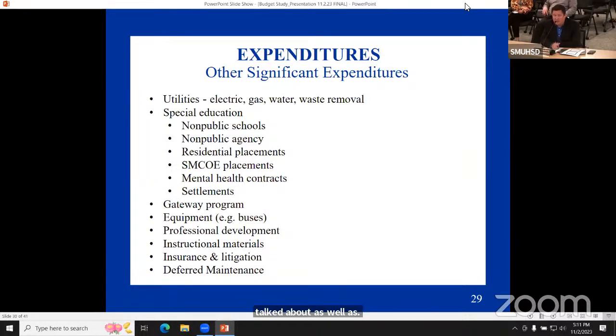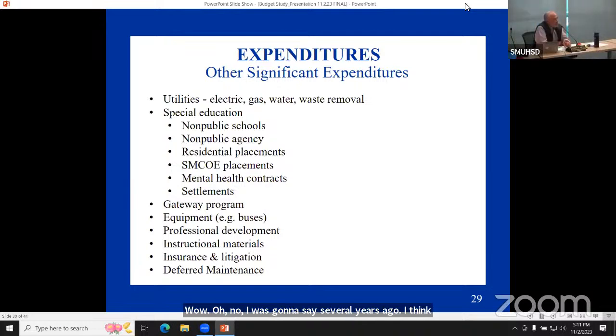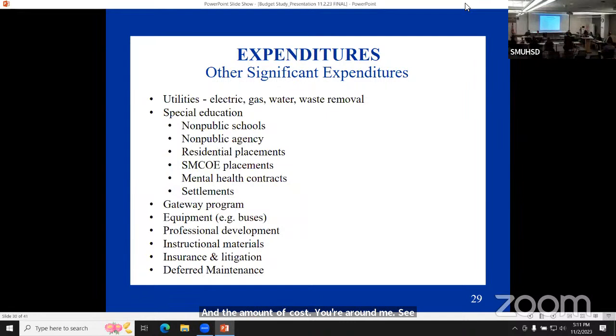Several years ago, I think I asked for a report on special ed, and I wanted to compare that versus the budgeted amounts and the amount of cost. Now we're on the same page, because that's what started me worrying.